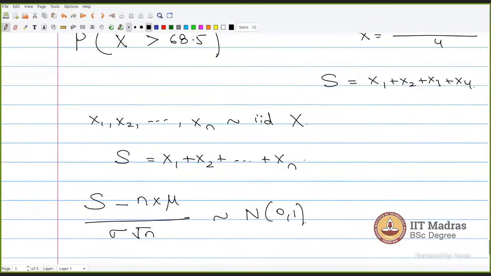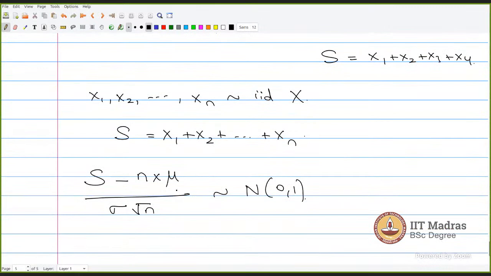I'll tell you what mu and sigma are. When x has expected value mu and the variance of x is sigma square, you have some distribution, you know its expected value is mu and its variance is sigma square, and you have n samples with you.